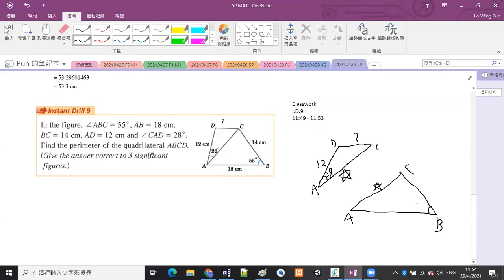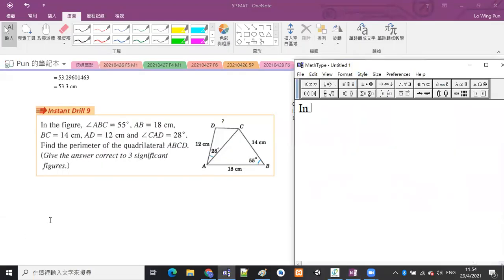In triangle ABC, we have one angle, 55 degrees, and we have 14 cm and 18 cm. So we have three pieces of information, and they do not form one pair of corresponding length and angle. So we are not going to use the sine formula. Instead, we have to use the cosine formula.